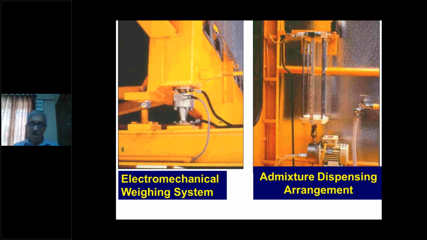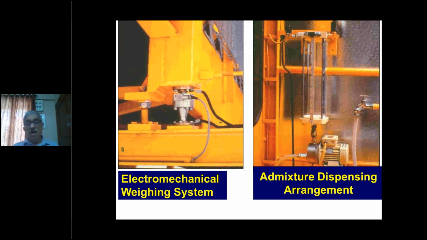And you can see here the dispensing arrangement. There is a small pump which pumps into the dispenser the required quantity of admixture, and the computer will tell the pump how much to add quantity wise, and you get very accurate dispensing.